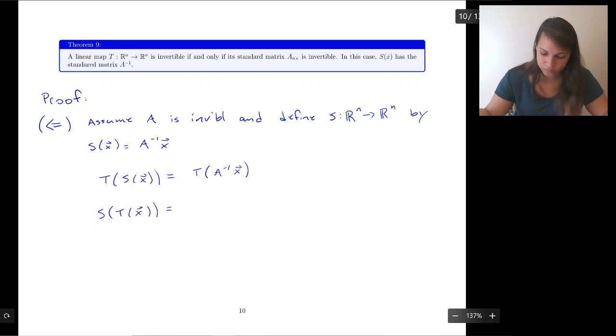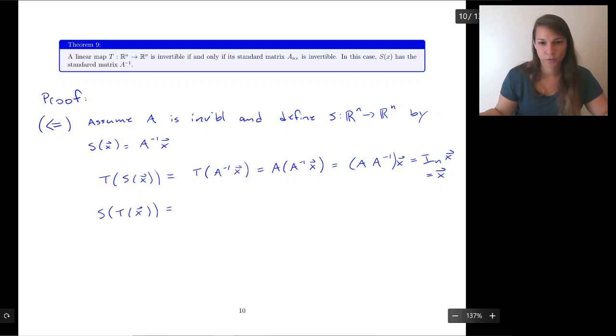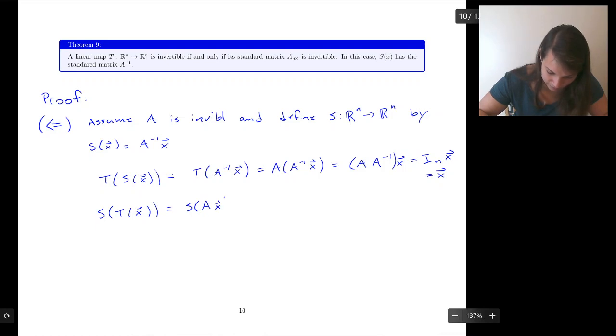And then T takes its input and multiplies it by A. So you've got A inverse times X. And we can move those parentheses around. So that's I times x, which is just x. Cool. And hopefully you can see that pretty much the exact same thing is going to happen over here.